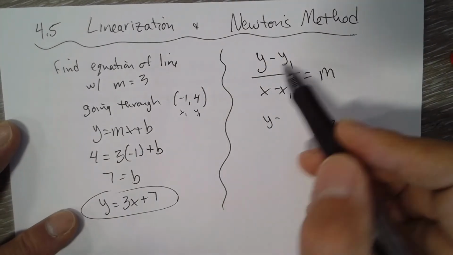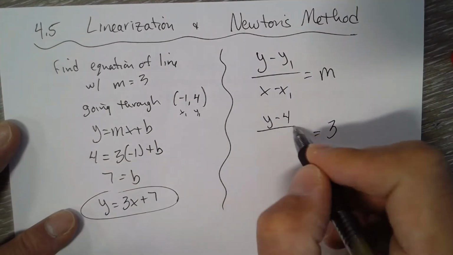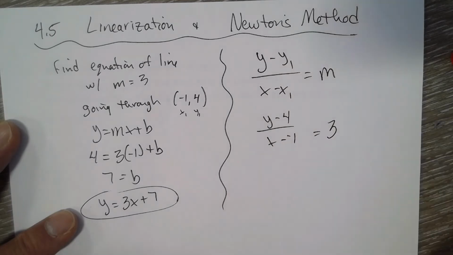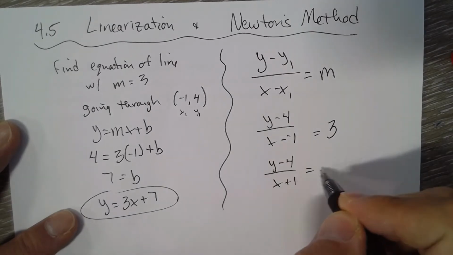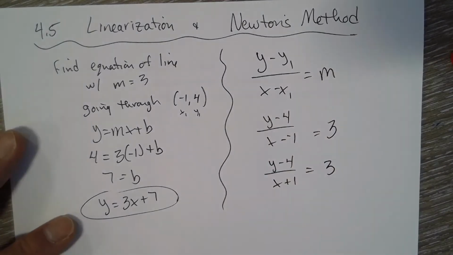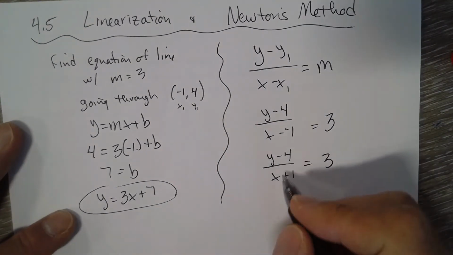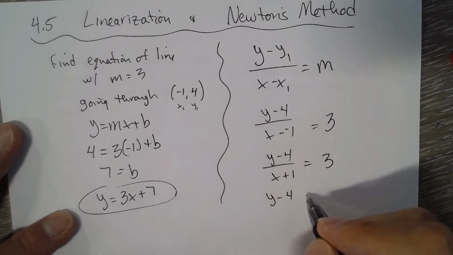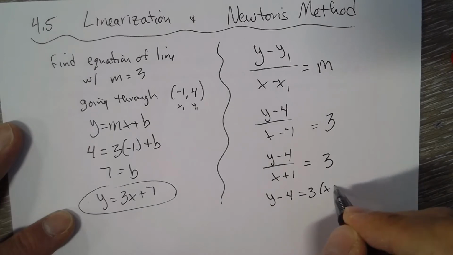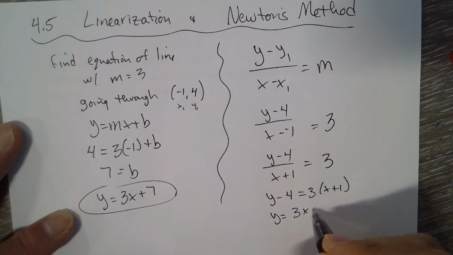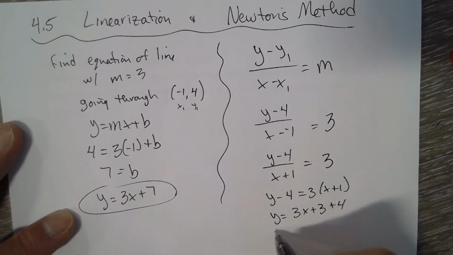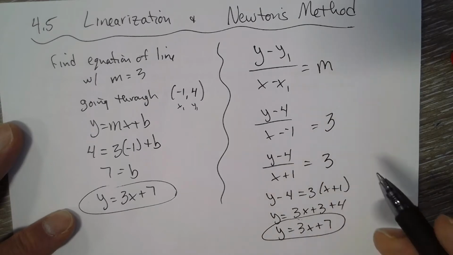So my y1 is 4. So I have y minus 4 over x plus 1 equals 3. Solving for y, I'm going to multiply by x plus 1. So I get y equals 3x plus 7 using the point slope form.